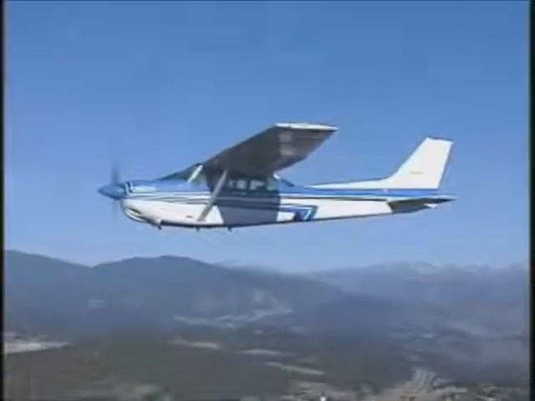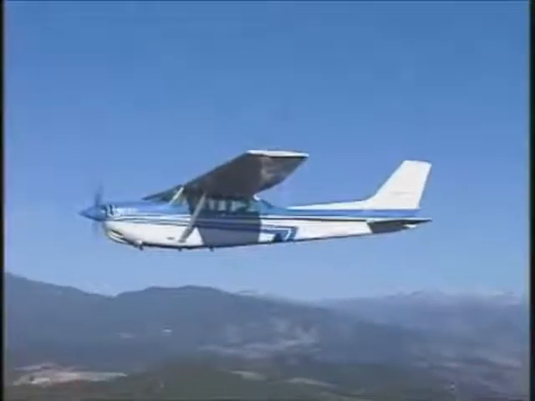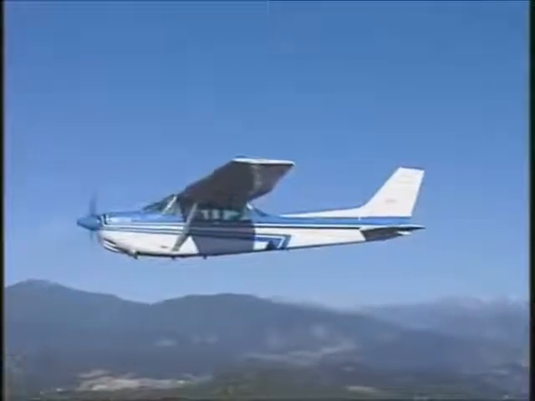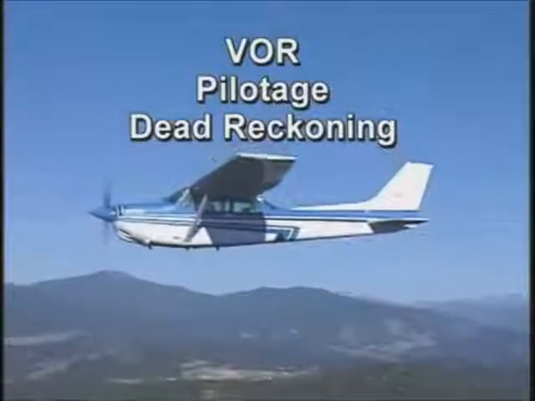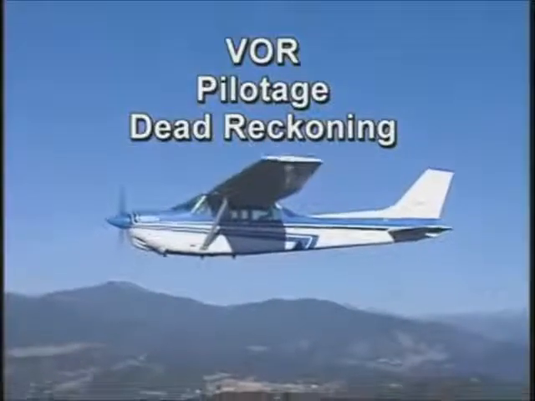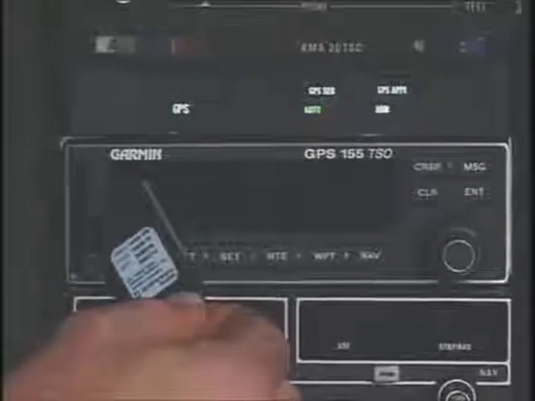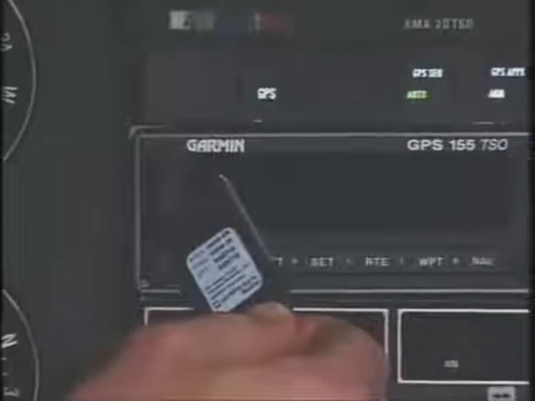Many handheld GPS receivers do not have RAIM alerting capabilities. These receivers should not be used as the sole system of navigation. Instead, you should integrate GPS with other forms of navigation such as VOR, pilotage, or dead reckoning to ensure navigation accuracy. Most GPS units include a navigation database.